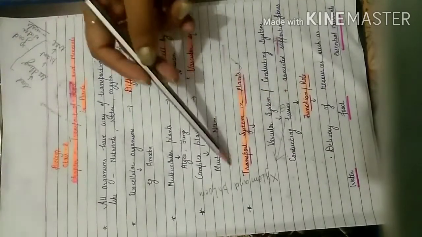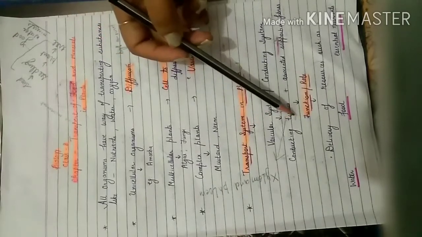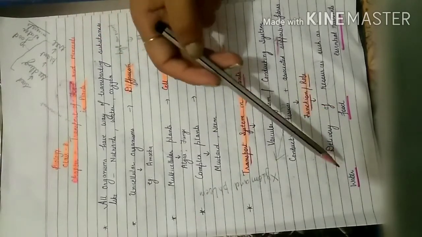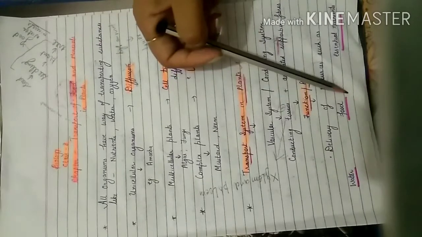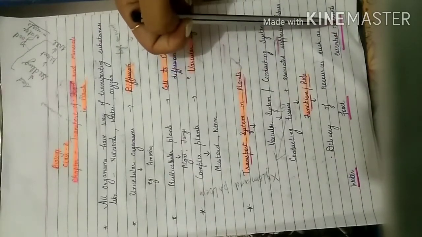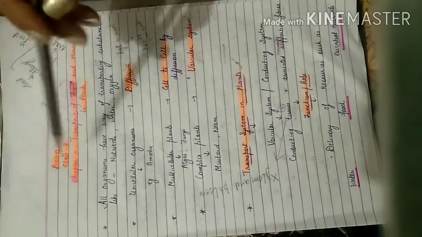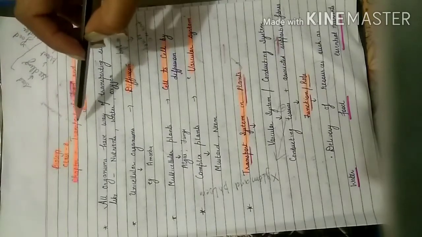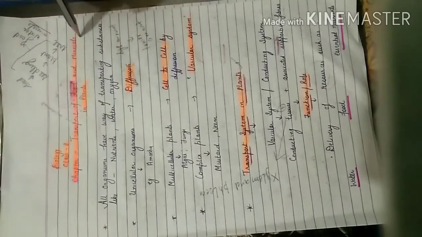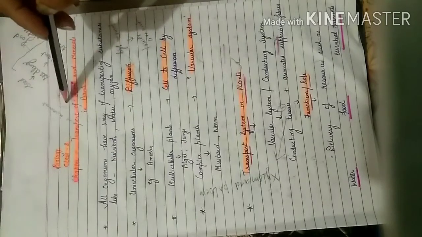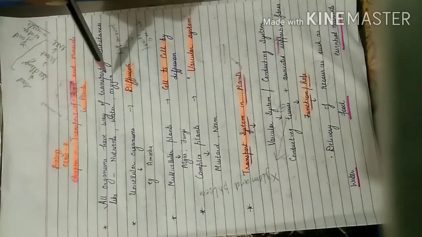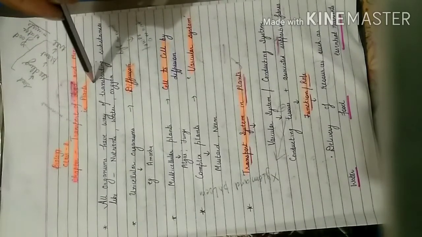So what is the role of this system? Its role is to deliver resources. What type of resources? Water, food, essential nutrients, minerals, right? So what we have studied here is the transportation of food and minerals in plants, that is, the movement of food, water and other essential nutrients in plants.